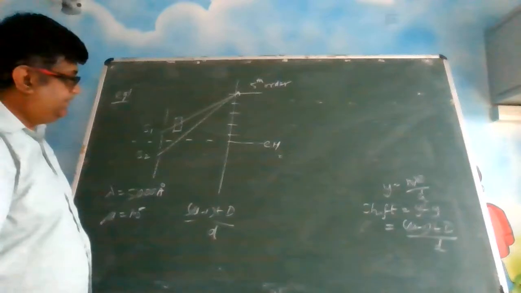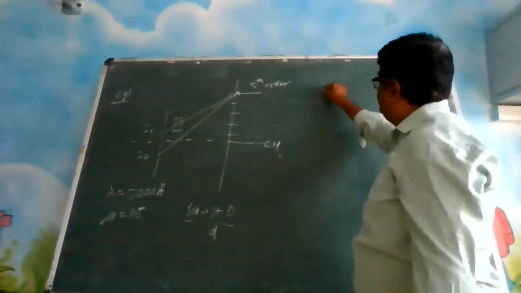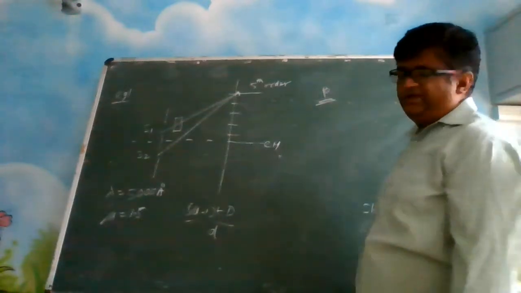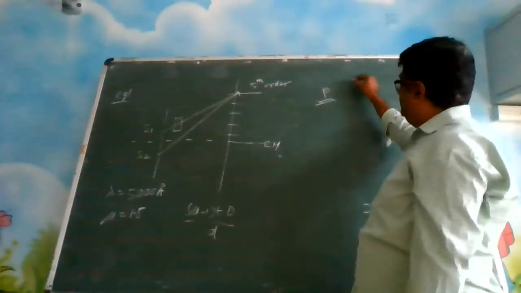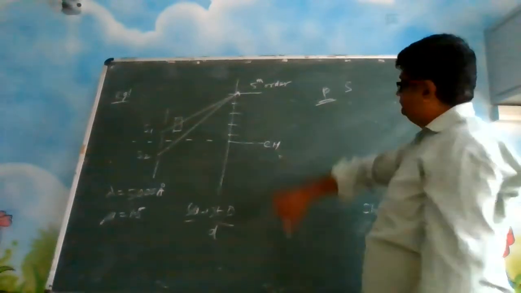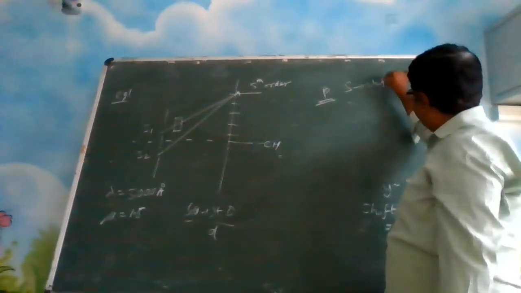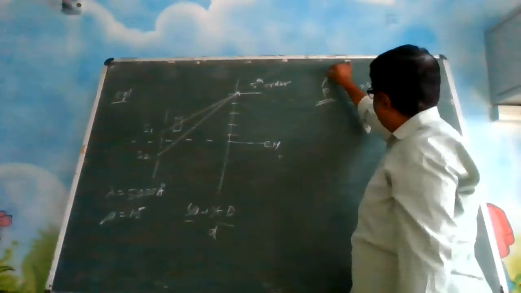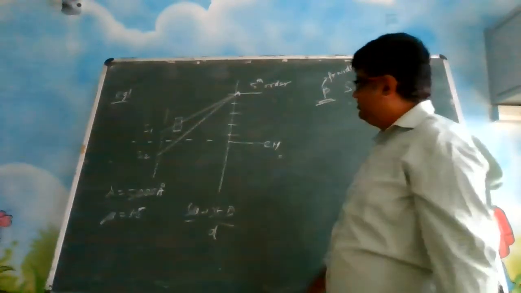And remember, you have a term called fringe width. Now you have a term called shift. Let us denote shift by S. And this is the fringe width. So what is the connection here?